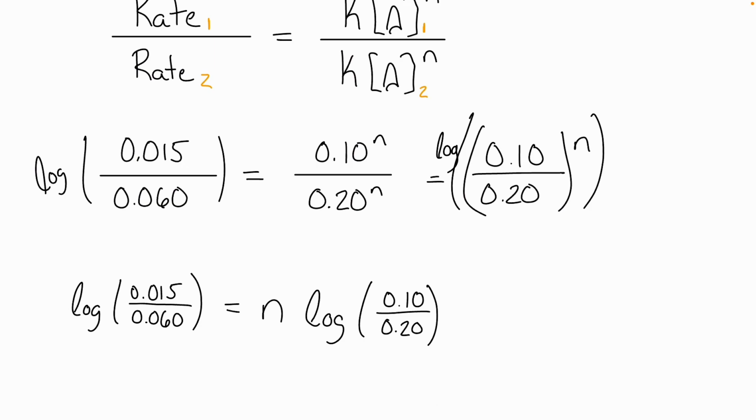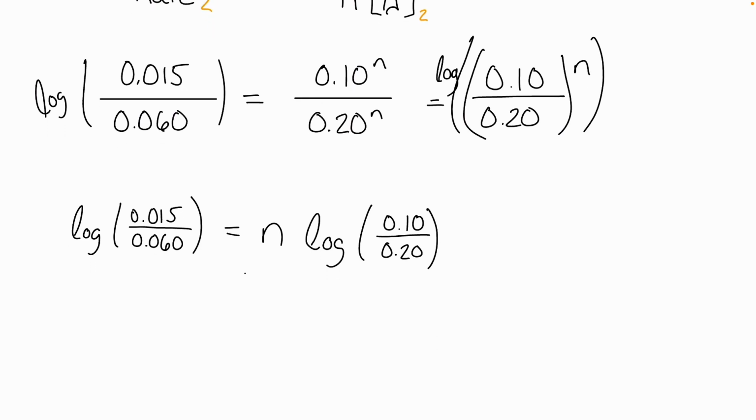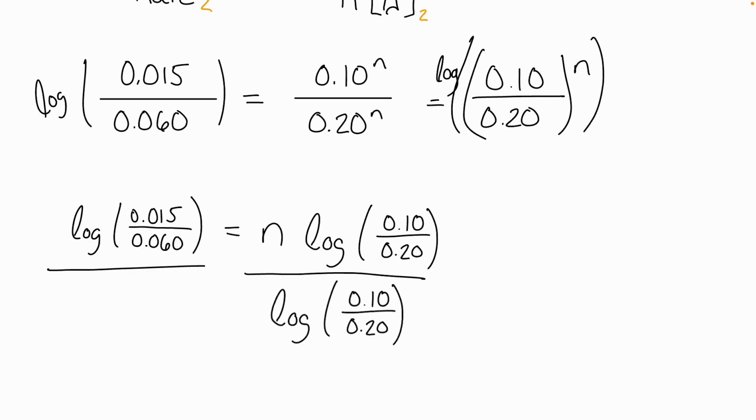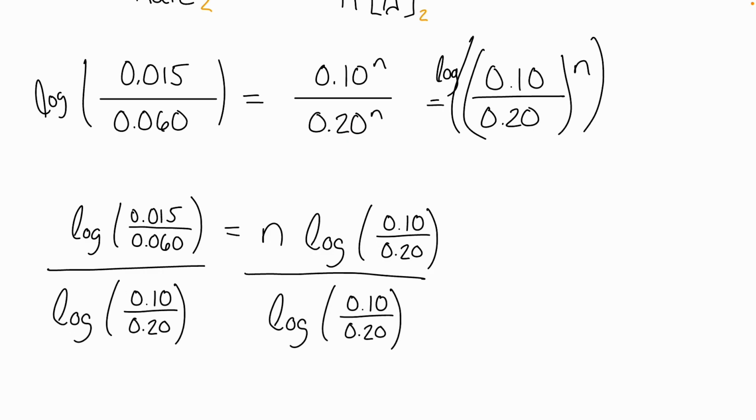So then how do I solve for n? I'm just going to divide both sides by that log of 0.1 over 0.2. So what's my order? So this would be a second order reaction.